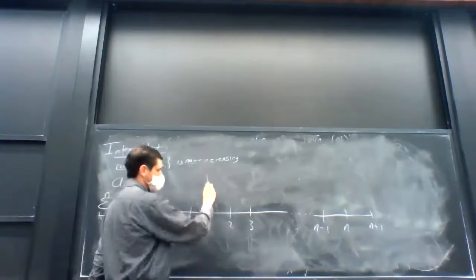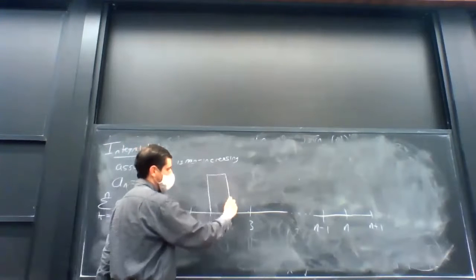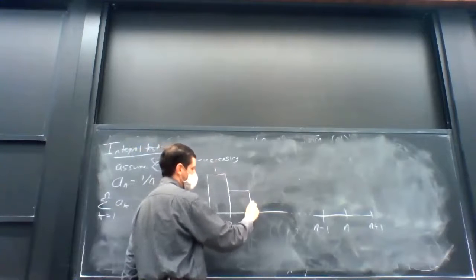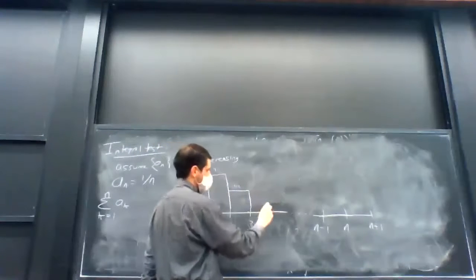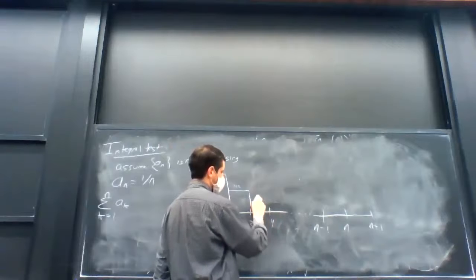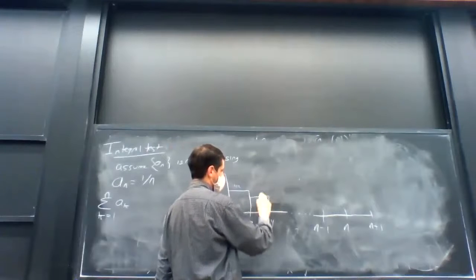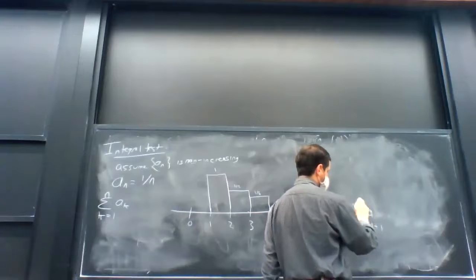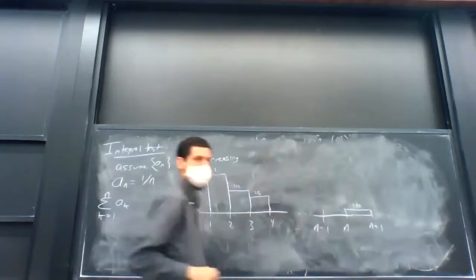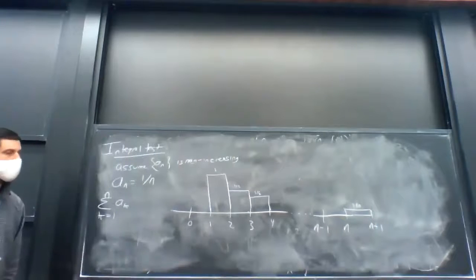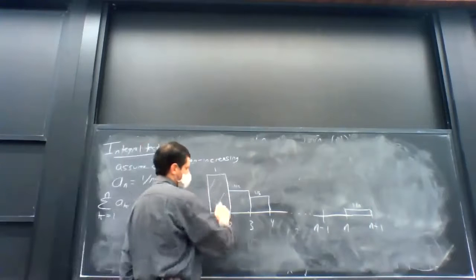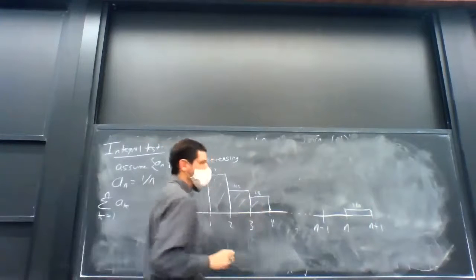So the first term, I go up to a height of 1. The second term, I go up to a height of 1/2. The third term, I go up to a height of 1/3. And the nth term is a height 1 over n. And if I add up the area under all these rectangles, that's the area of my sum.